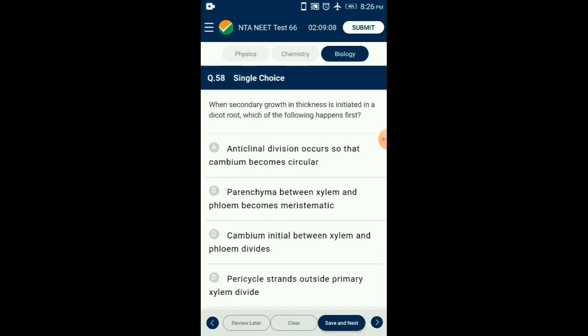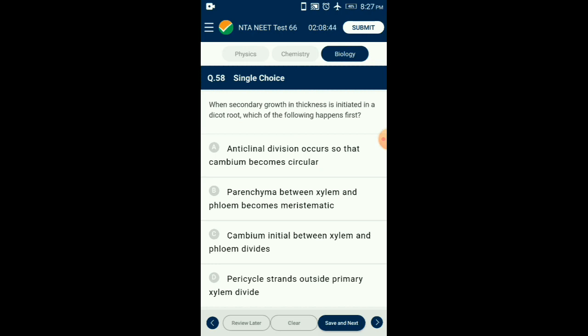Question number 58. When secondary growth in thickness is initiated in a dicot root, which of the following happens first? When secondary growth in thickness is initiated in dicot root, parenchyma between xylem and phloem becomes meristematic. Vascular bundles in dicot roots are radial, exarch, and mostly triarch.